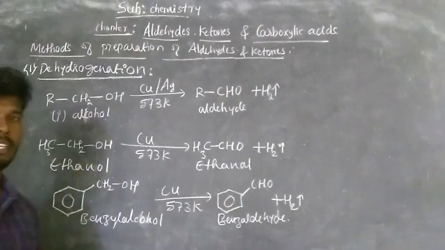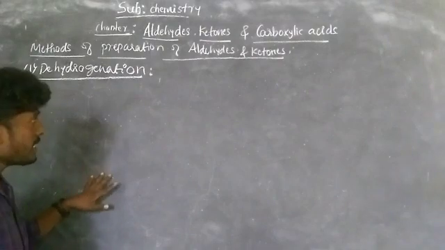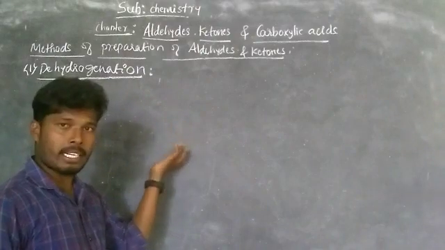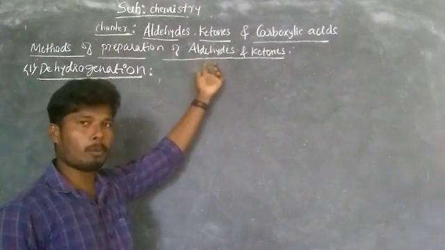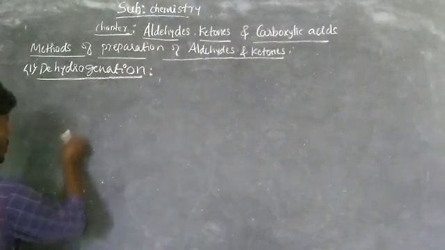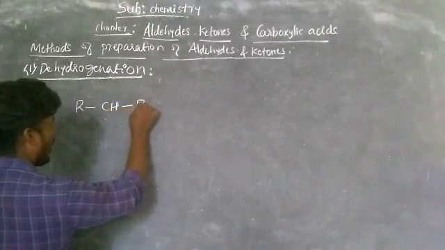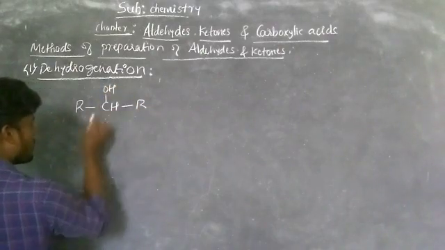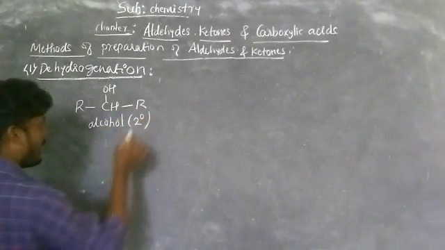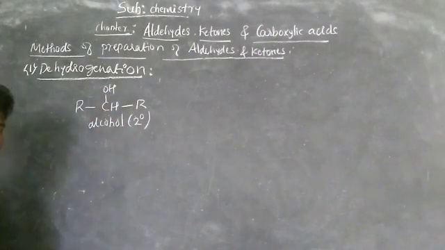Now take the second one, the preparation of ketones by the same method. In the previous reactions, we saw how to prepare aldehydes from primary alcohols. Now take secondary alcohols. Secondary alcohols means R CH(OH) R. So what alcohol is this? The given alcohol is secondary, right? Because the OH group is attached to a carbon having only one hydrogen.